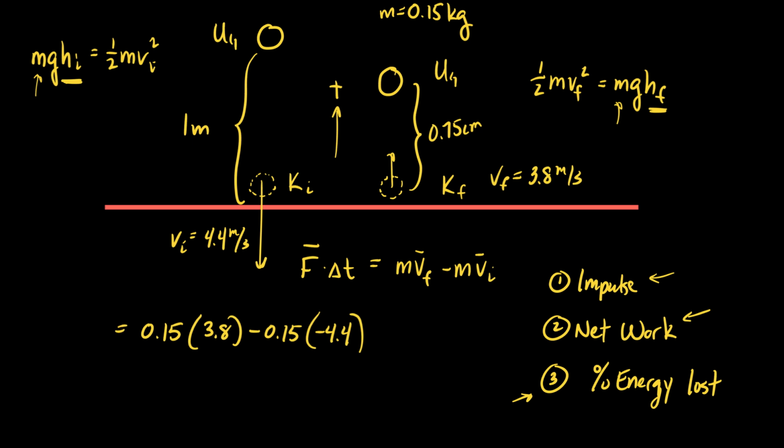This should be the impulse, the change in momentum on the ball. And it's positive, it's upwards. Any question about that? This is the force experienced by the ball. And that force not only applied an impulse, but it did work on the ball by taking energy away. All right, that's good enough for now.